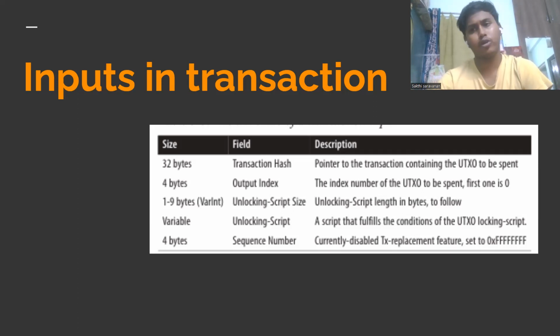So how are we going to pay this miner, and is there any data structure for it? The answer is no. We are not going to create a separate data structure for paying the miner. Instead, whatever is the difference between the input and the output is the incentive of the miner.